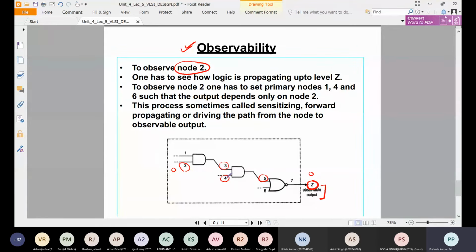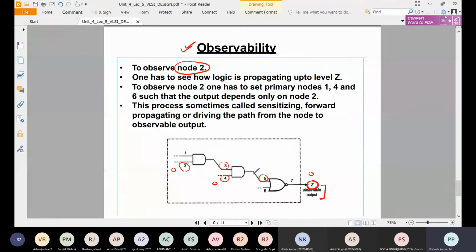So this 4 may not let this 3 propagate through here. Suppose this is an AND gate, and this 4 node is 0, then whatever value is there, it will always be 0. So that means this 4 will be deciding the output here.